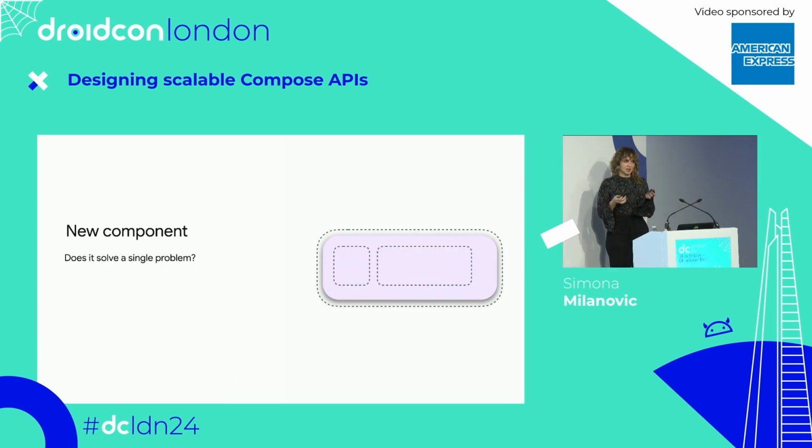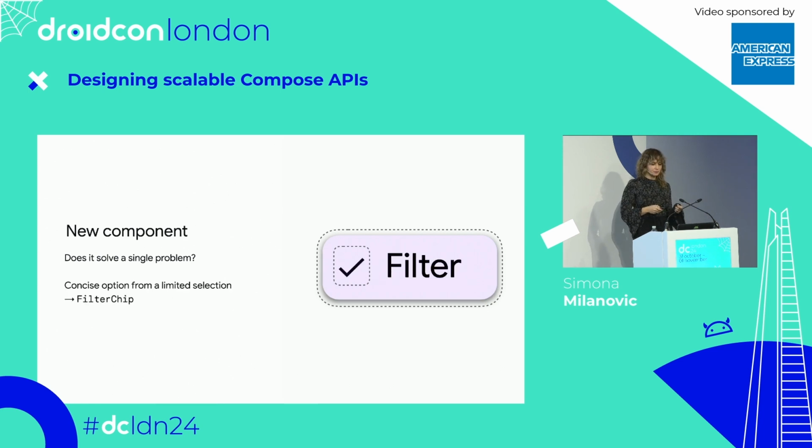We're going to start with, obviously, an idea. So if you get an idea for a new design component, you need to start asking yourself, is this API meant to solve a single problem? For us, we needed a component that's going to represent a concise option for the user from a limited selection, and that's why we came up with a filter chip component to solve this specific problem.